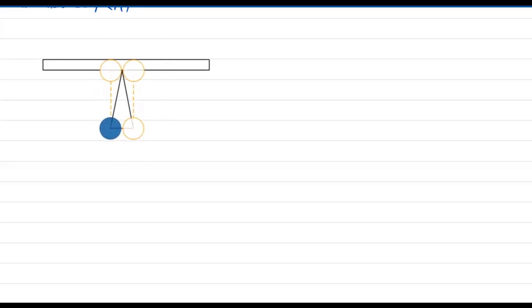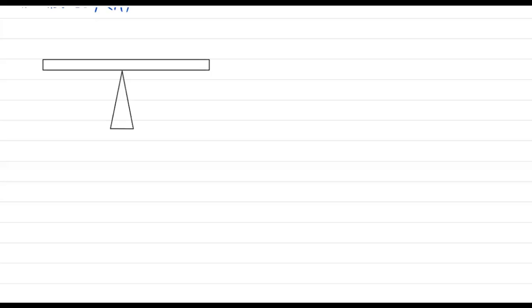Suppose you are having a kind of balance, and I want to discharge this weight W here, and its distance is D1 from the center line.